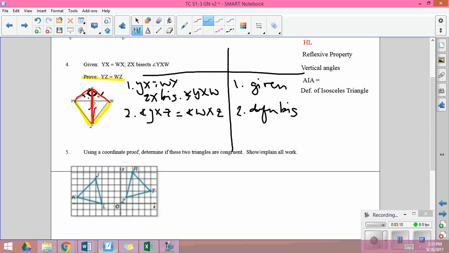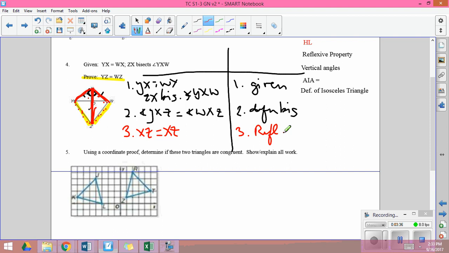But if I look at this whole middle piece that is shared, and I look at the halvesy triangles, my next line tells me that I should say that XZ is equal to XZ, the entire piece, by the reflexive property.